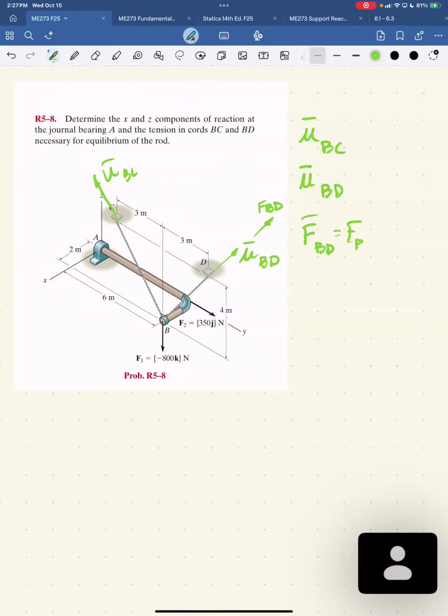So in case you want to go off and do this, I'll just tell you what the unit vectors are.